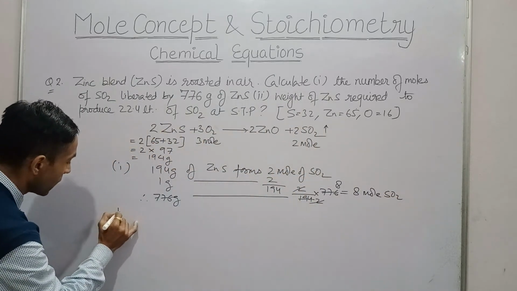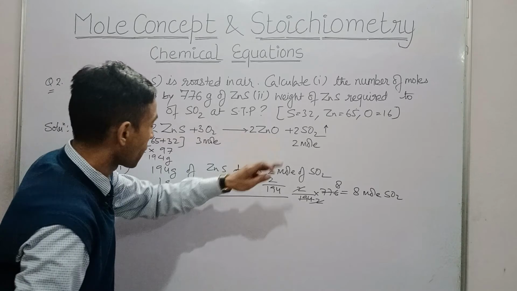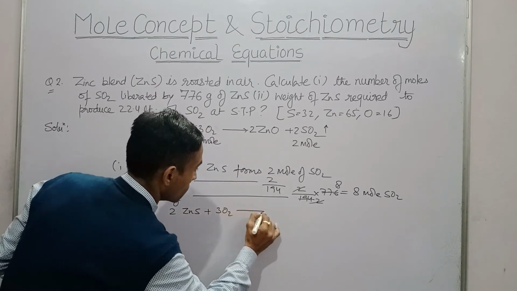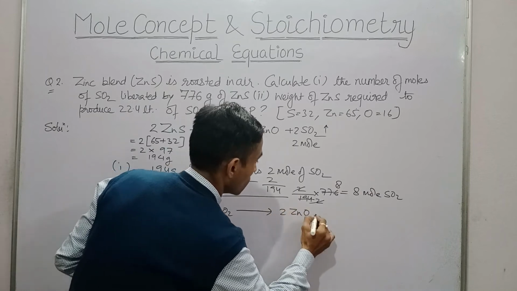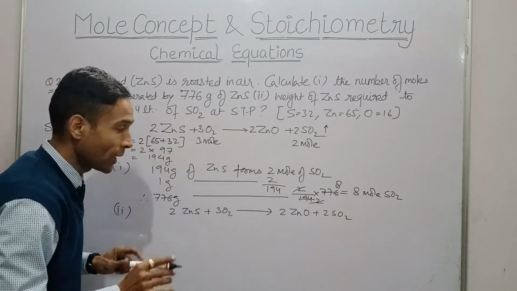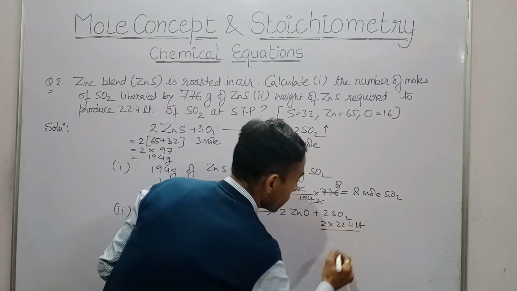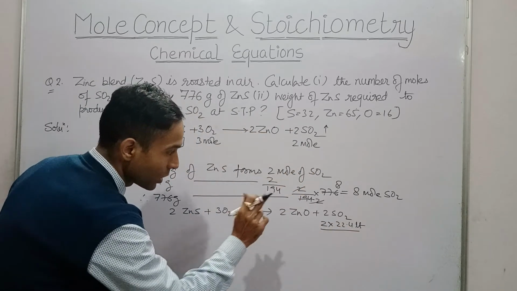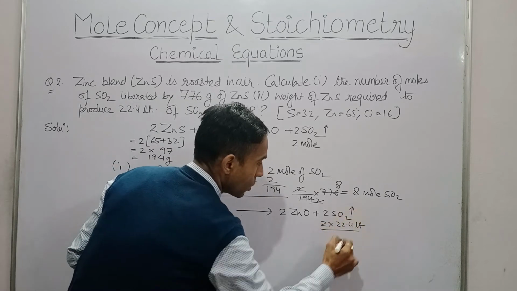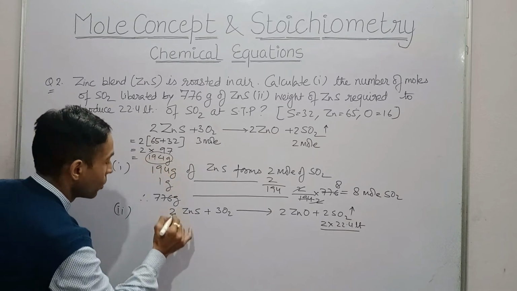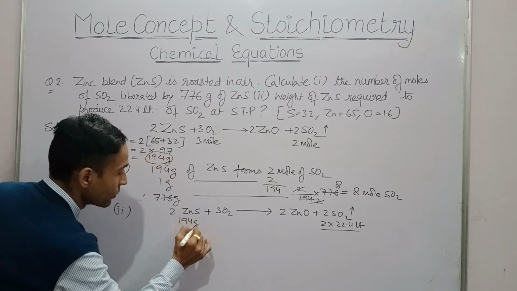Now let's write the chemical reaction again here. Now at STP, 2 into 22.4 liter of sulfur dioxide is formed or evolved by, we have calculated it here, 194 gram of zinc sulfide.